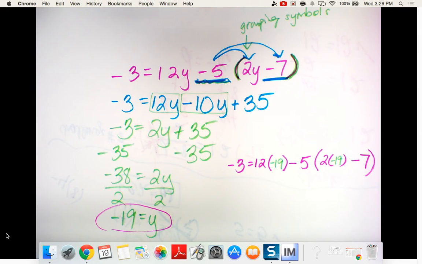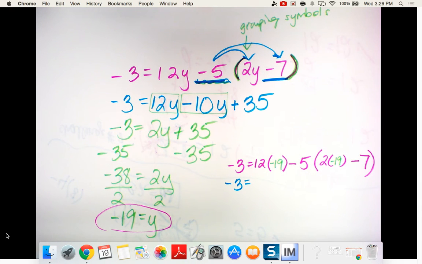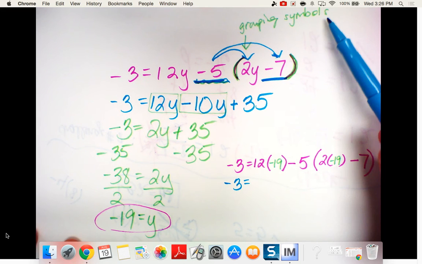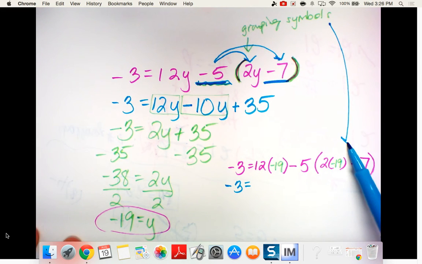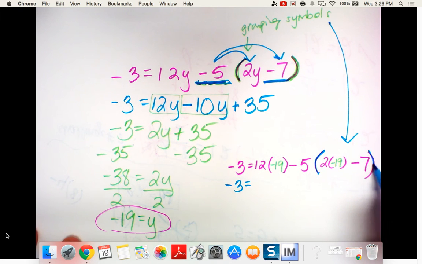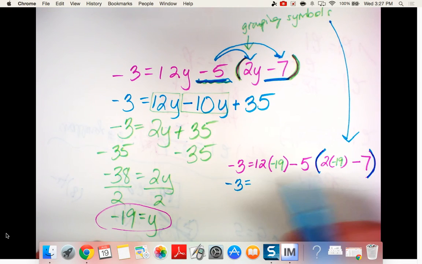So order of operations states, like I said earlier, you have grouping symbols. I mentioned this. Your grouping symbols are here. So we need to simplify what's inside the grouping symbols first. So 2 times negative 19 is negative 38 minus 7 is negative 45.